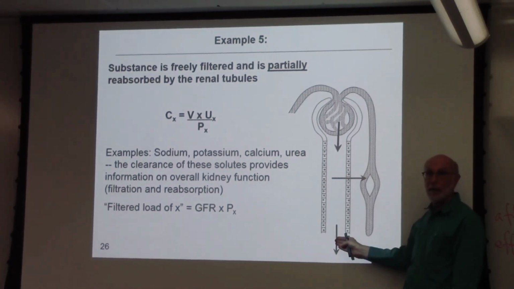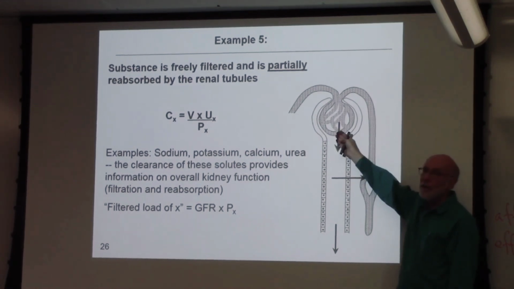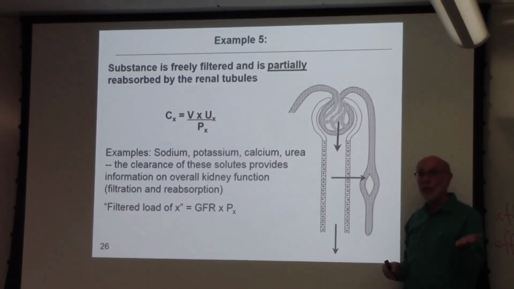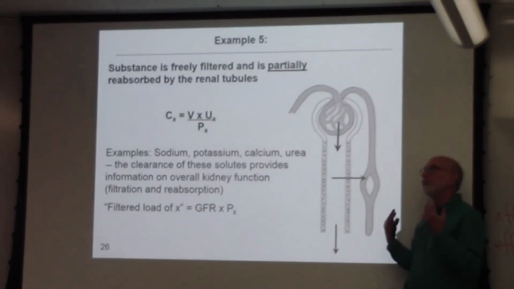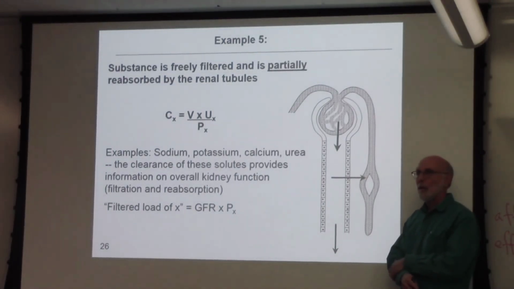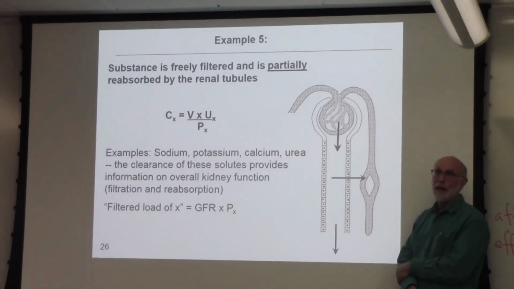So some of it is cleared, and some of it is reabsorbed. Freely filtered, partially reabsorbed. This is what you do with your sodium, potassium, bicarbonate, phosphate, urea. Those are the main components of urine, actually.